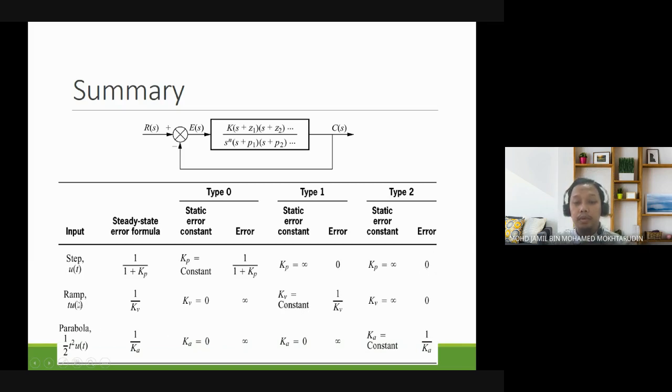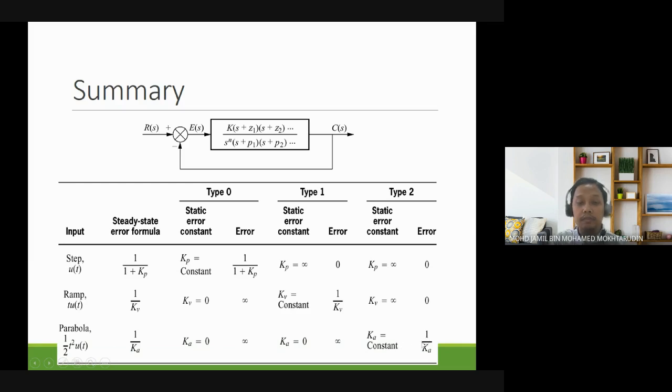For ramp input, type 0 system will have infinity error, and type 1 will have a constant error, while type 2 will have 0 error for ramp input. And lastly, for parabolic input, a type 0 system will have infinity error, a type 1 will also have infinity error, and for type 2 we will have a constant error.